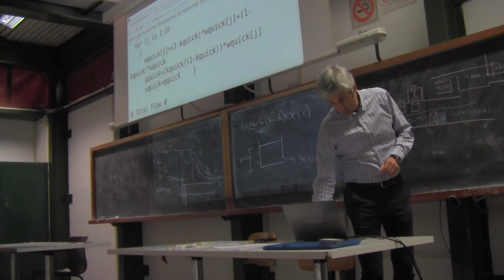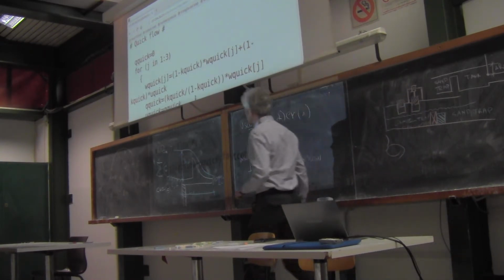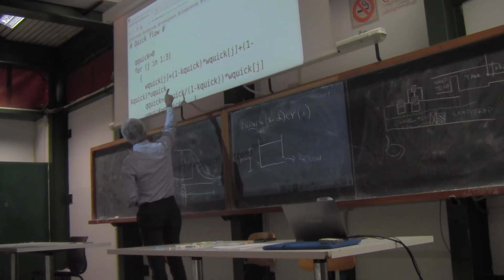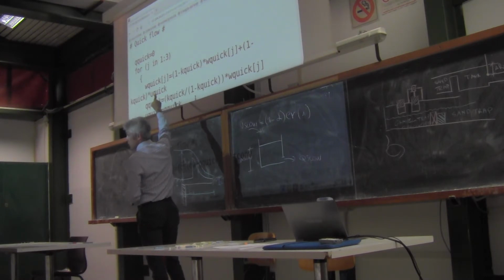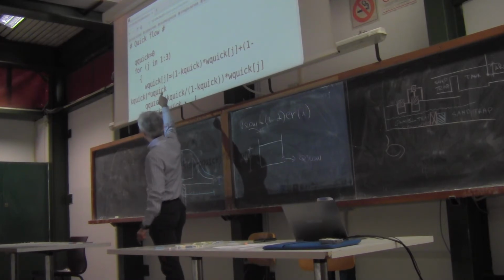Now we go to the series of the 3 reservoirs for the quick flow component. So basically you see that there is a cycle which is nested into the main cycle of our simulation. A cycle that is extended over 3 reservoirs. J is varying from 1 to 3.